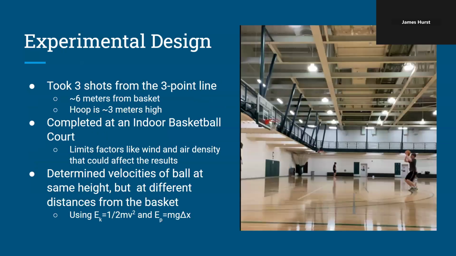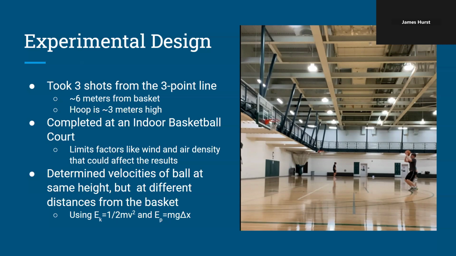And so in my experiment, I recorded myself taking three shots from a three-point line, a real high school three-point line, around 6 meters from the basket with a hoop that's around 3 meters high. I completed it at an indoor basketball court, so that I don't have factors like wind or air density impacting results.